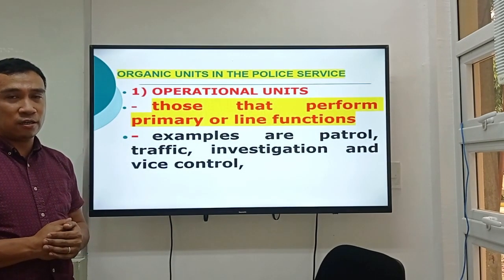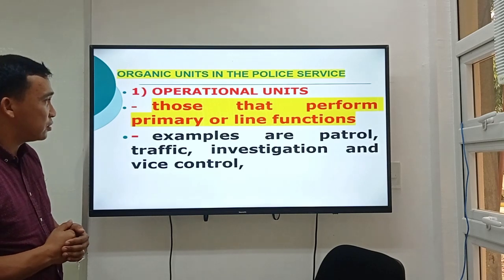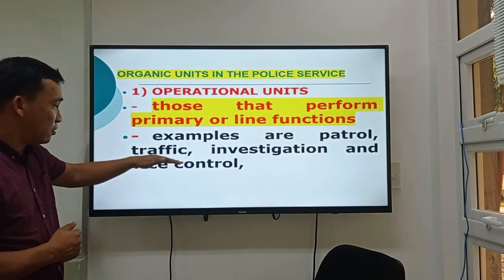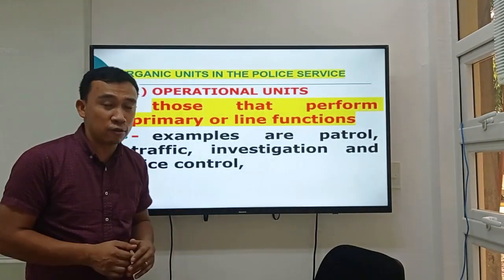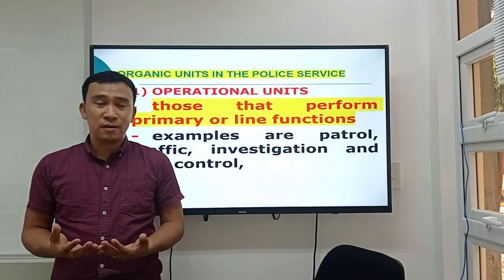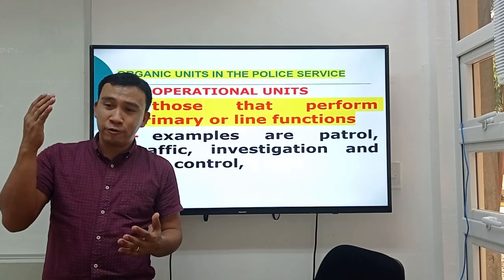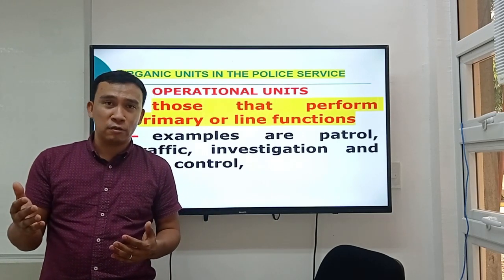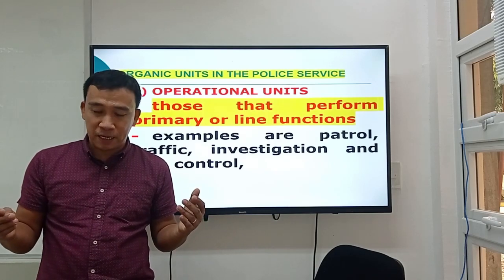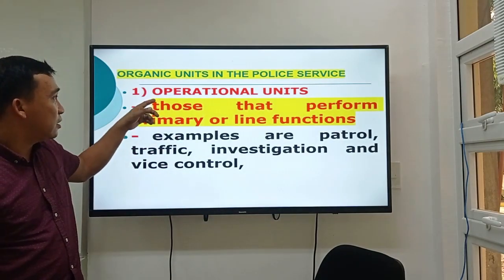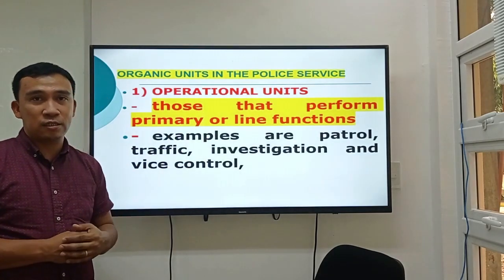What are those line functions? These are patrol, traffic, investigation, vice control, everything na nandoon sa operation at makikita mo na ito ay ginagawa ng PNP, they are under operational units.